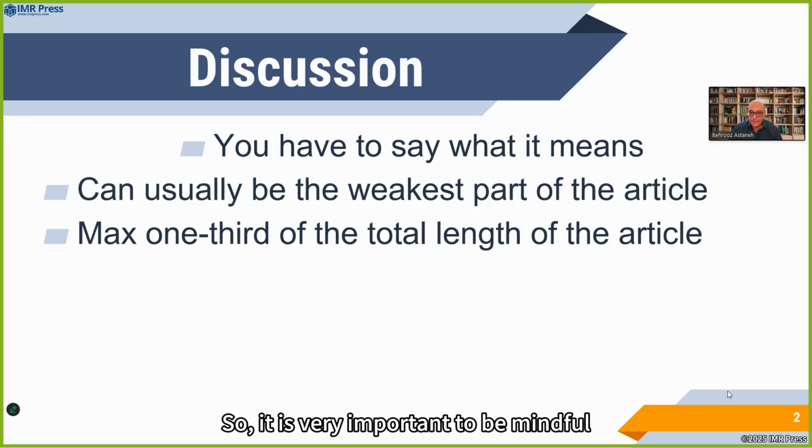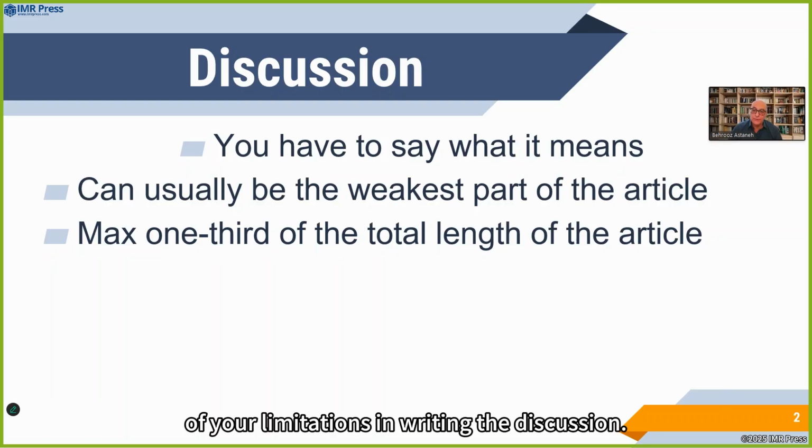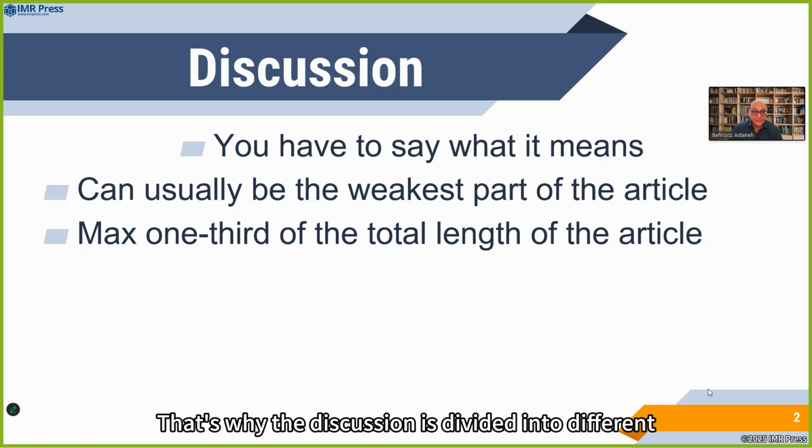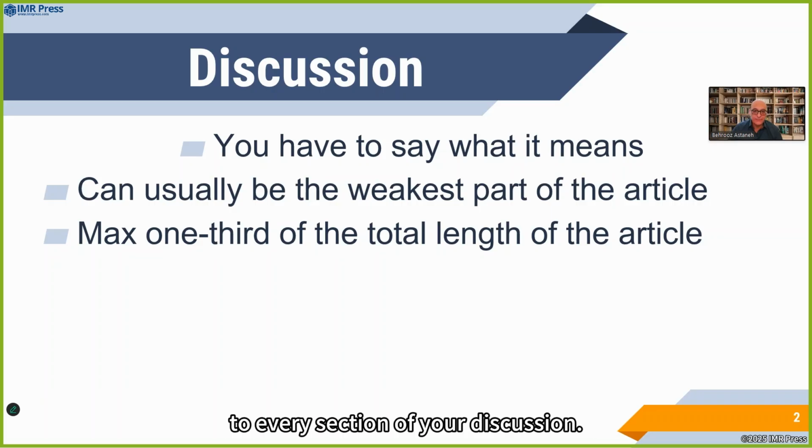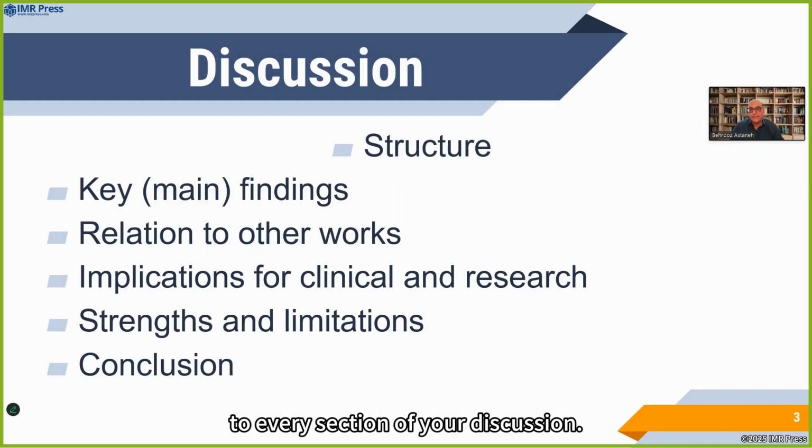So it is very important to be mindful of your limitation in writing the discussion. That's why the discussion is divided into different sections so that you can devote enough space for every section of your discussion.